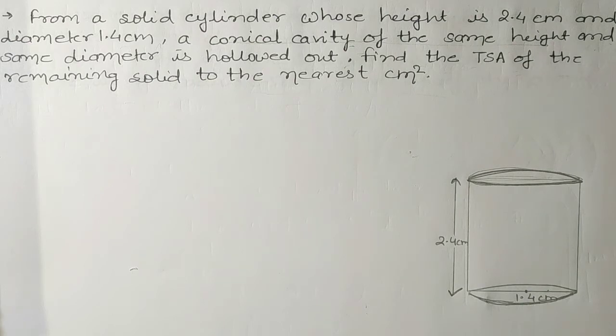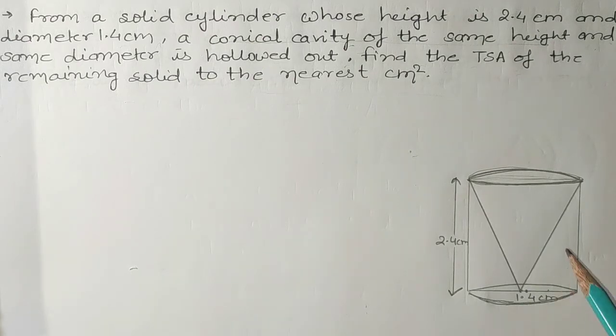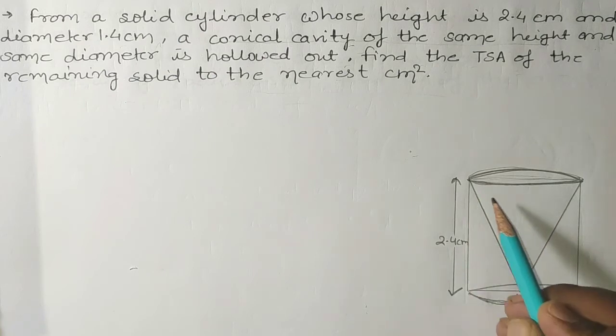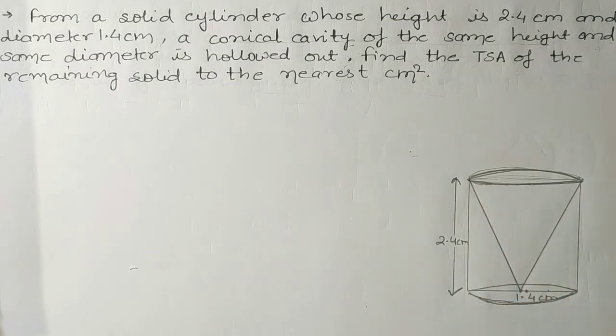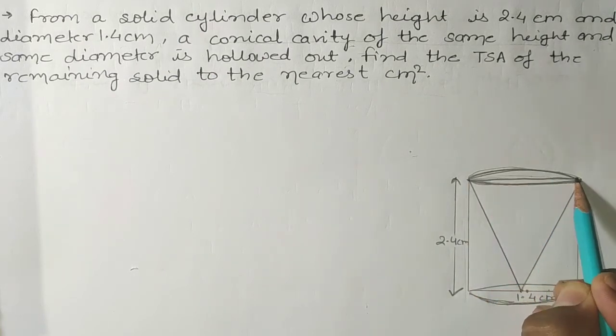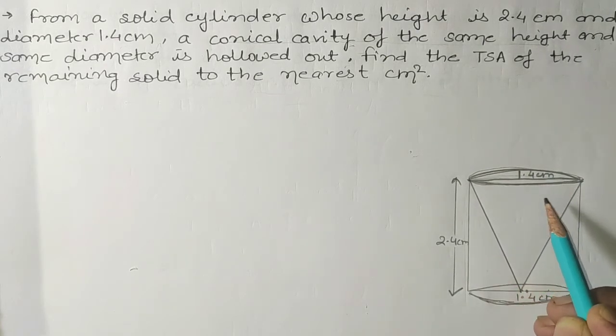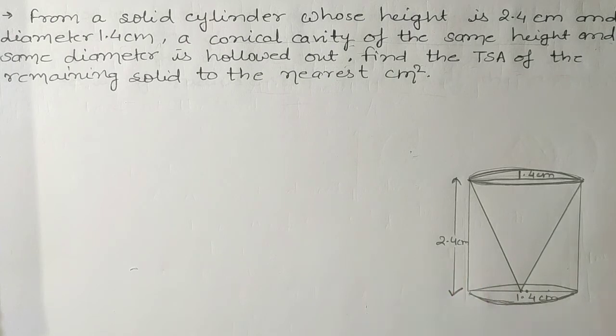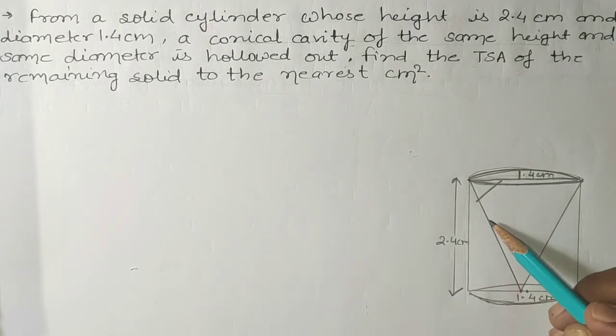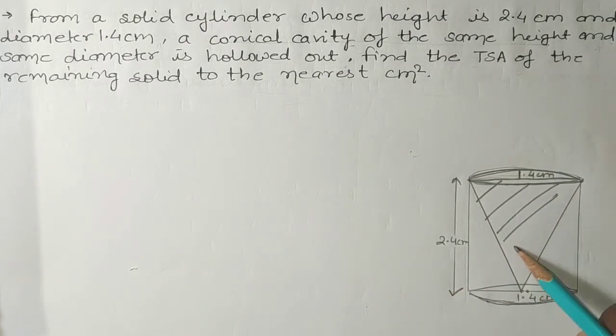Hollowed out means cut out. Like this, in this cylinder this conical part is hollowed out. The diameter of the cone is 1.4 centimeter and the height of the cone is 2.4 centimeter. Basically it is cut out from the cylinder.